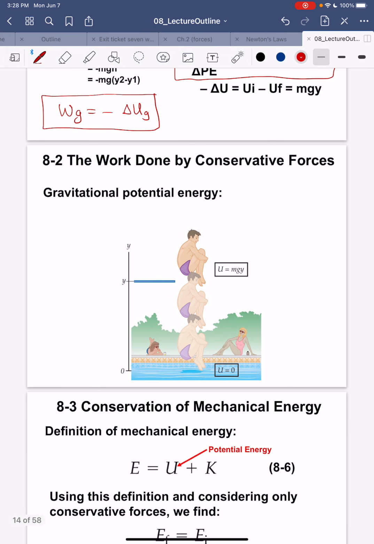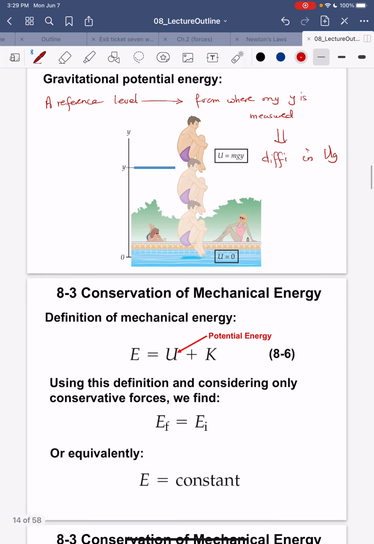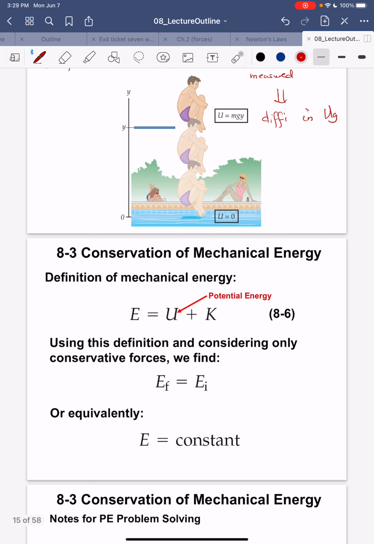What is very important when we talk about gravitational potential energy is that we need a reference level, which is where my y is measured from, because I am always interested in the difference in UG and not in the absolute value of UG.